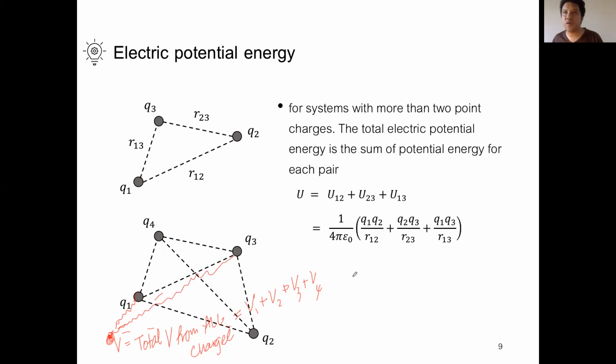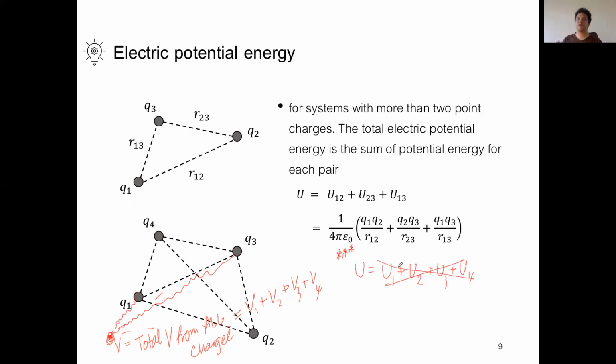But for potential energy, I need to remind you very strongly that it is not the potential energy from just all the charges. So if I write U1 plus U2 plus U3 plus U4, it is wrong.